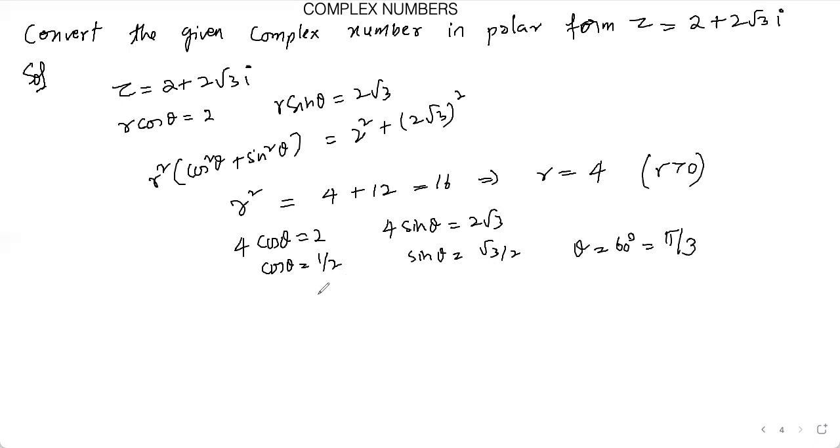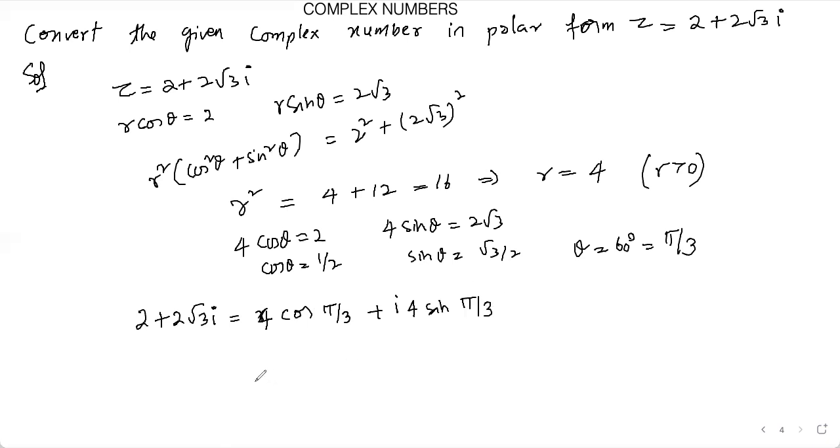Now let us take 2 plus 2 root 3 i, which is r, which is 4, cos pi by 3 plus i into 4 sin pi by 3.